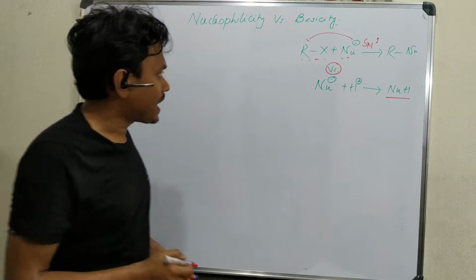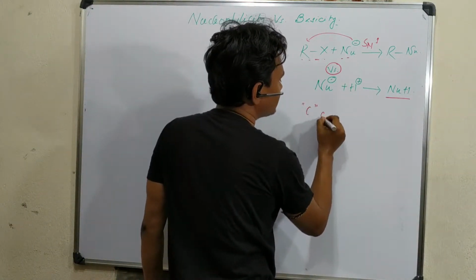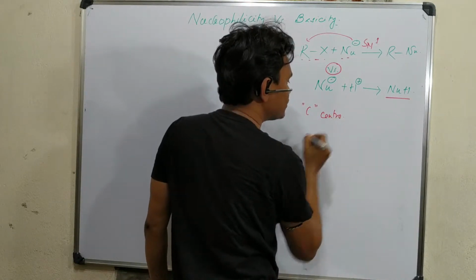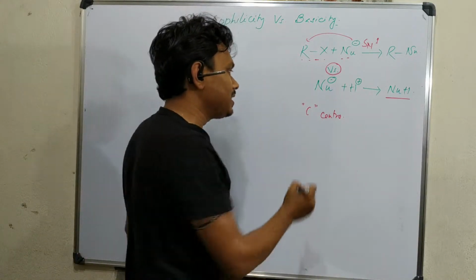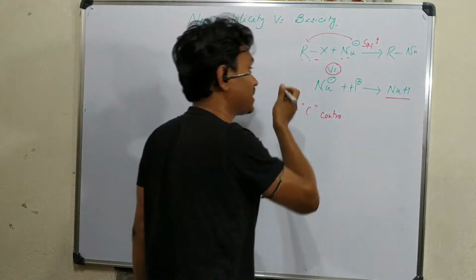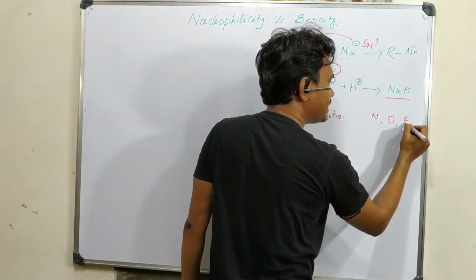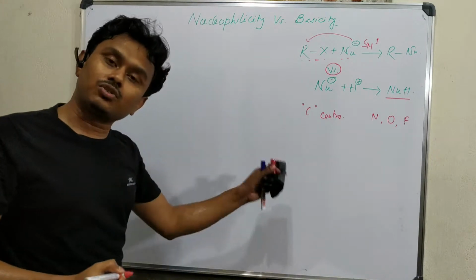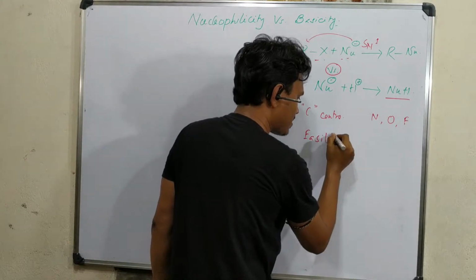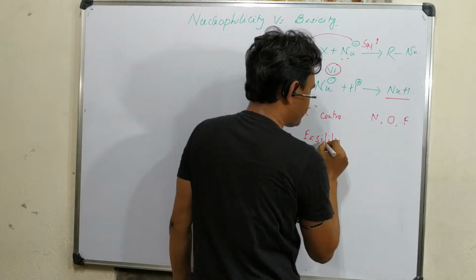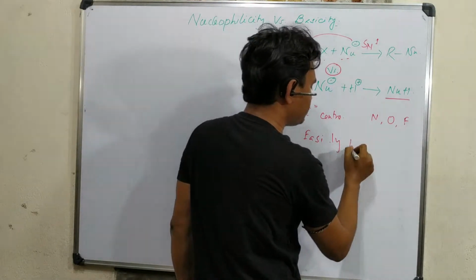Actually, nucleophilicity is a carbon center fact. Carbon is not highly electropositive, not highly electronegative. It is relatively less electronegative compared to nitrogen, oxygen, fluorine, etc. atoms. So less electronegativity means easily polarizable.